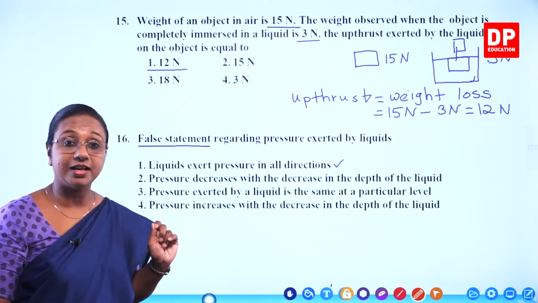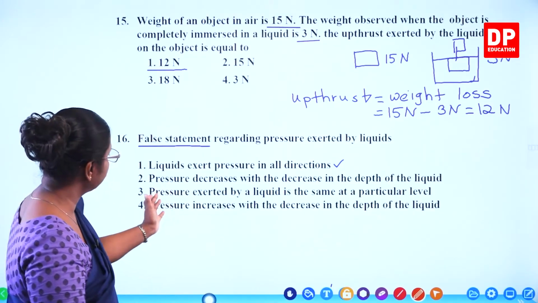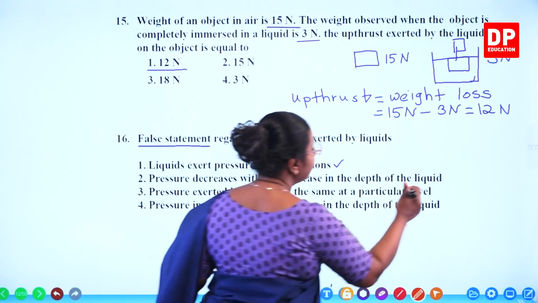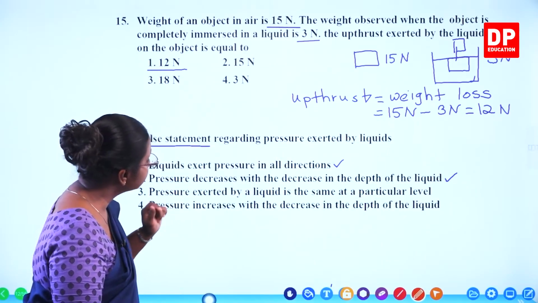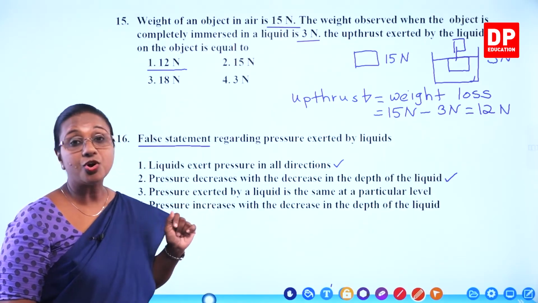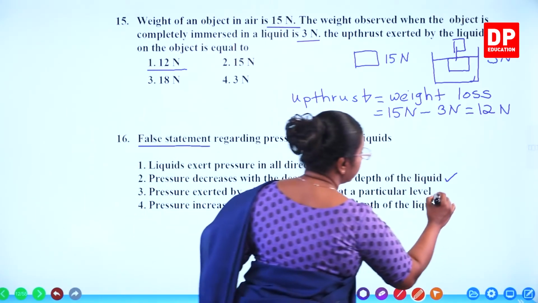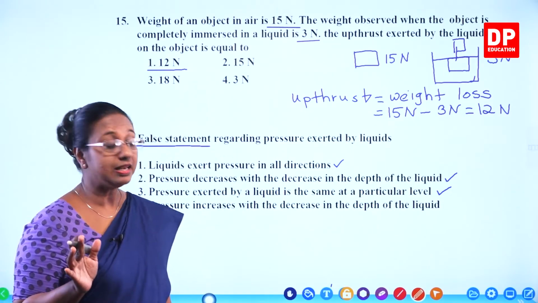That is also correct. Normally pressure increases when the depth increases. So pressure decreases with the decrease in depth of the liquid. That is correct. Pressure exerted by a liquid is the same at a particular level. That is also correct. These are the characteristics of pressure exerted by liquids.